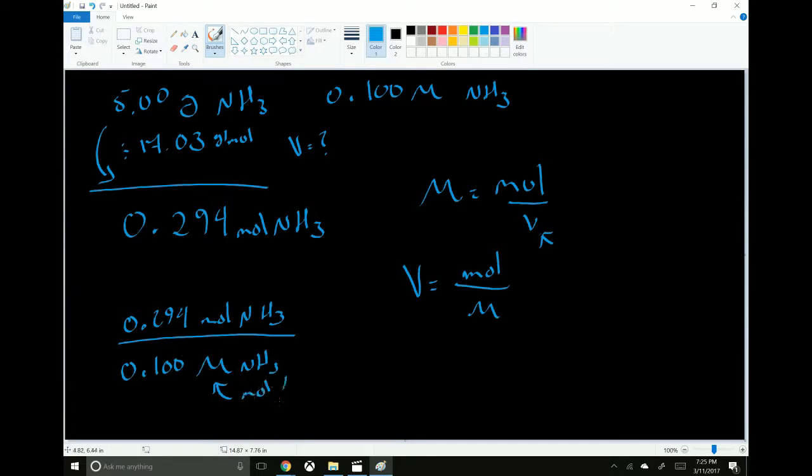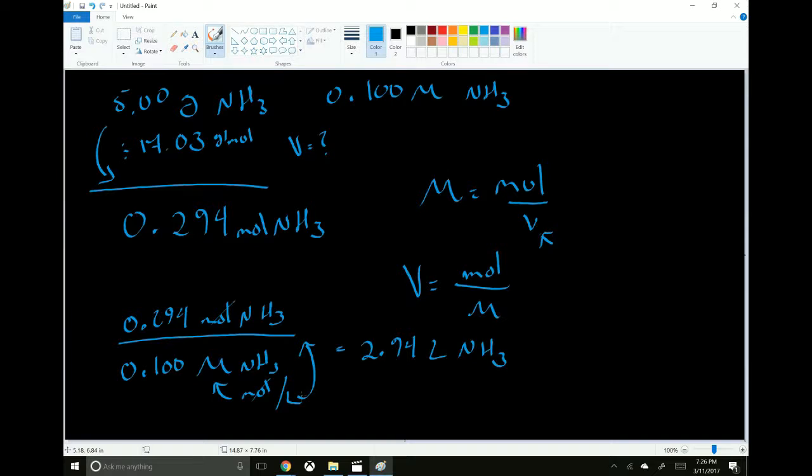This is moles per liter. The moles will cancel out, and liters will come up to the top. And that gets us 2.94 liters of ammonia. That's a lot.